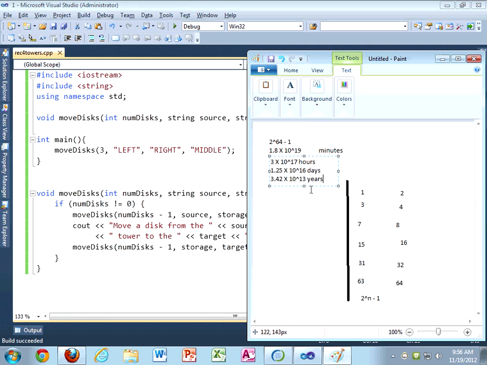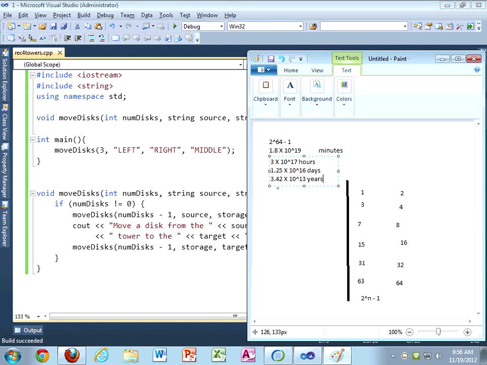10 to the 13, that's a 1 with 13 zeros after it. That's more than 1 million, right? Do we have a name for that number? If it's got 9 zeros after it, it's a billion. If it's got 12 zeros, it's a trillion.